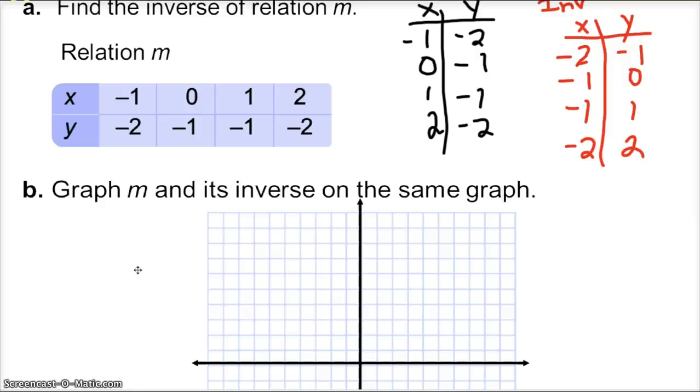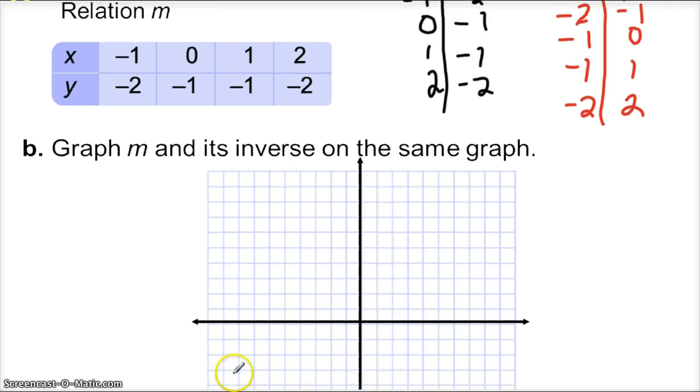Okay, so doing the original relation, we have -1, -2, and then we have 0, -1, 1, -1, and 2, -2.